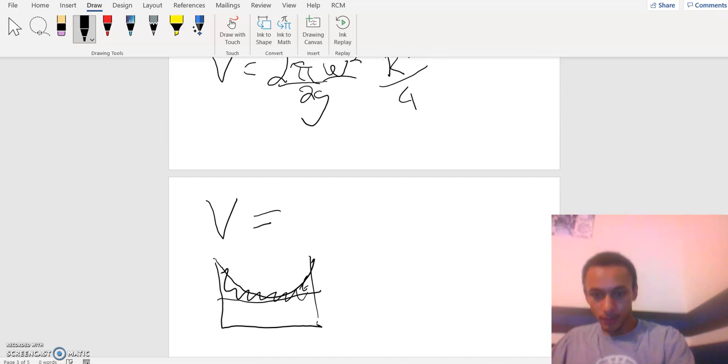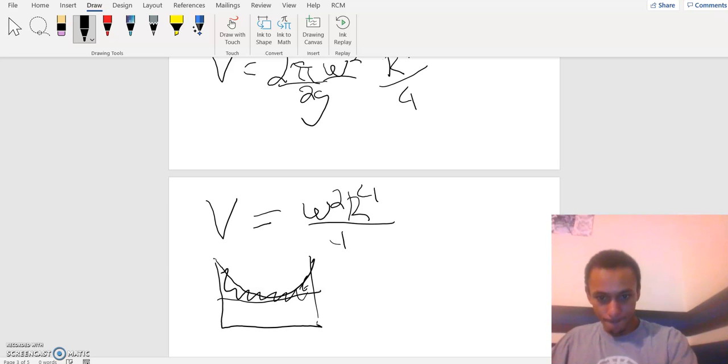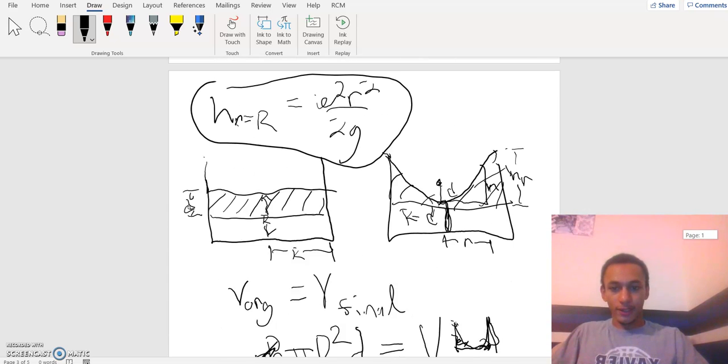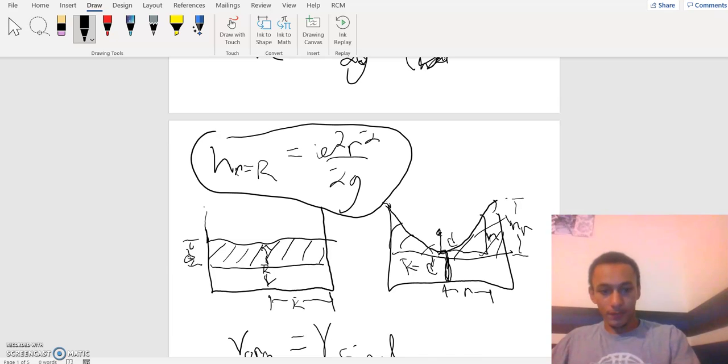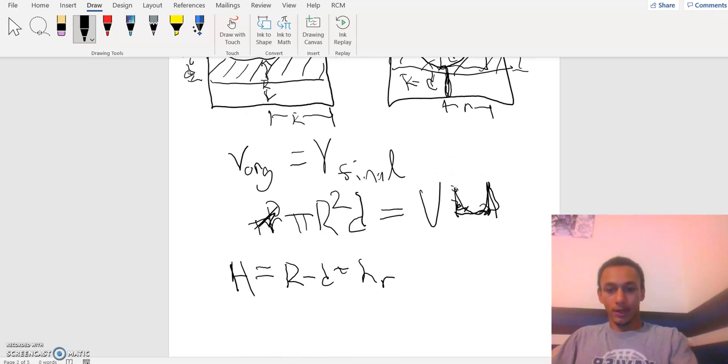So this volume, that shaded area, will equal to 4g. And now we can solve for the distance here. So the distance of the depression dip here, in which we have that equation of pi big R squared d is equal to that.